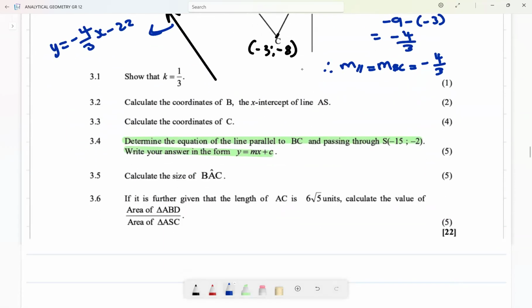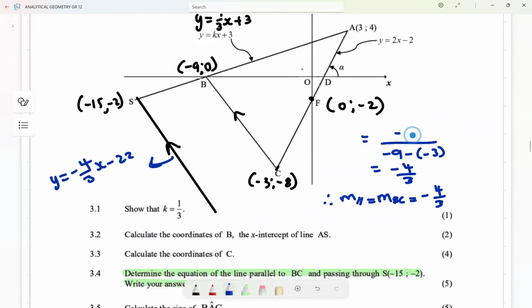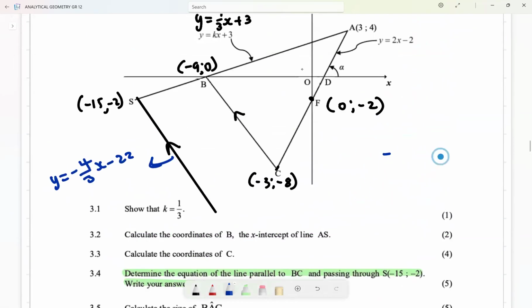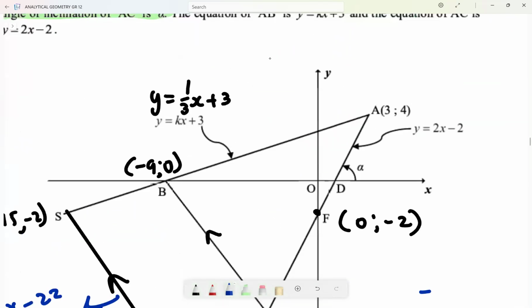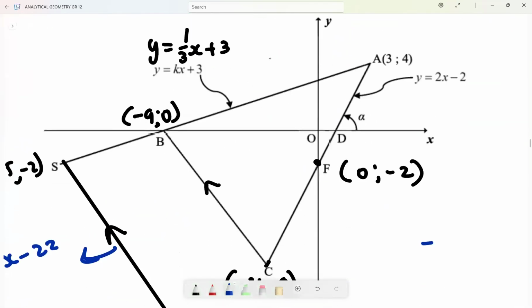Calculate the size of BAC. So they basically wanted this one. What I like to do, guys, in almost all my videos where I record this, is find the triangle, see where the triangle is between the x-axis as well as that line, and then extend it.